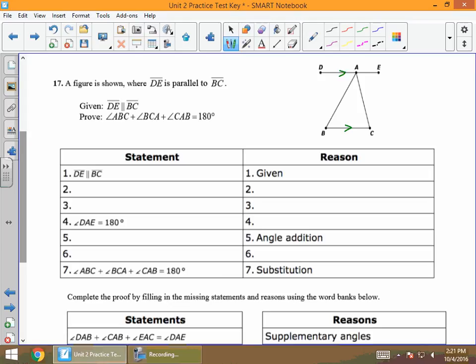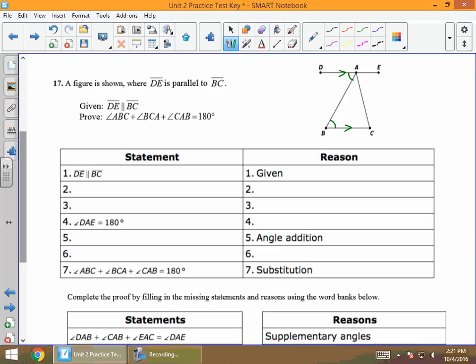And I know that anytime I have two parallel lines cut by a transversal, alternate interior angles are congruent. So if you look at the two parallel lines, and now let's look at AB. Two parallel lines cut by a transversal, this angle and this angle have to be the same, because those are alternate interior angles.